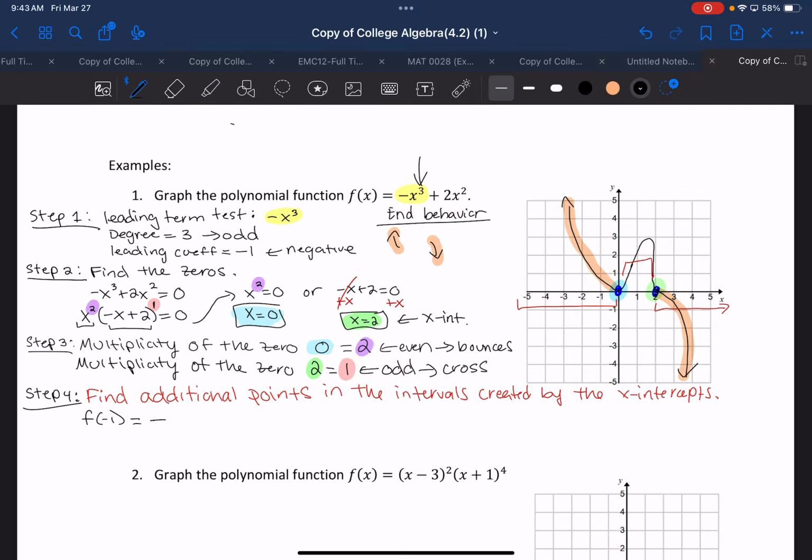So that would be negative, and then negative 1 cubed plus 2 times negative 1 squared. Negative 1 cubed here is going to be negative 1. Negative 1 times negative 1 times negative 1 is negative 1. But then I have another negative on the outside, so that'd be positive 1.